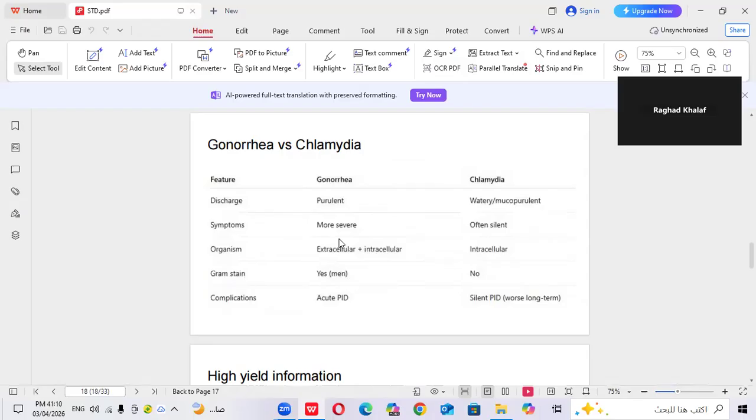Gram stain, it can appear on gram stain, especially if the specimen was taken from a man. Here it can't appear on a gram stain. Complication, acute pelvic inflammatory disease.